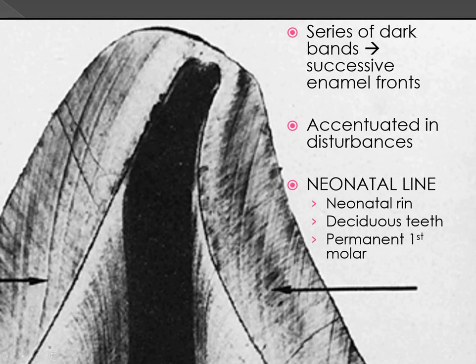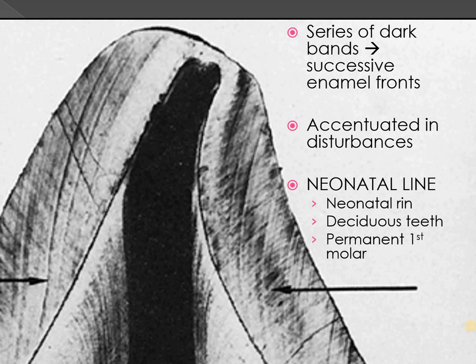Now this neonatal line, when you look at it, can be used for different purposes. Also, age estimation. In case of infanticides, you can actually look at this neonatal line and try to identify the time of death of that particular child.